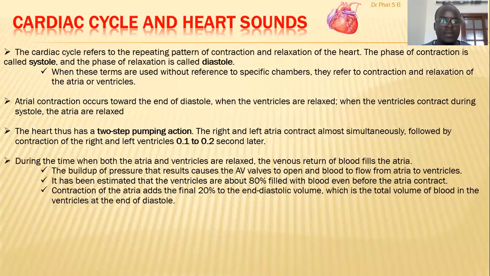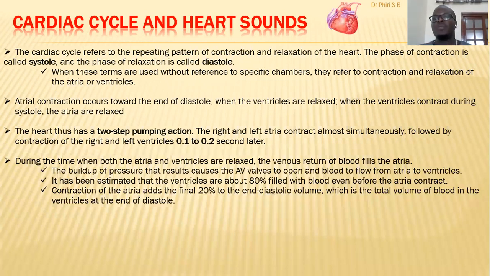During the time when both the atria and the ventricles are relaxed, the venous return of blood fills the atria. So there's just passive venous return to the atria. The buildup of pressure that results causes the AV valves to open and blood to flow from the atria to the ventricles.